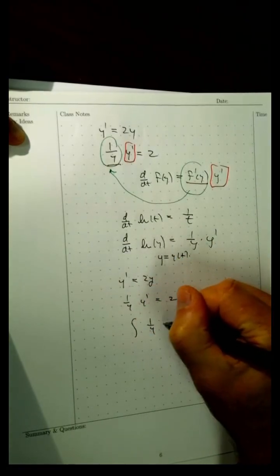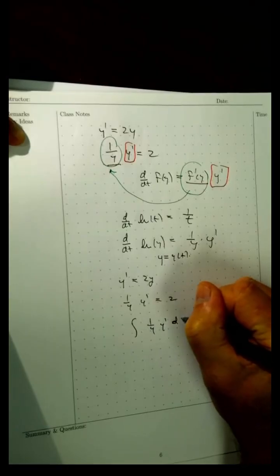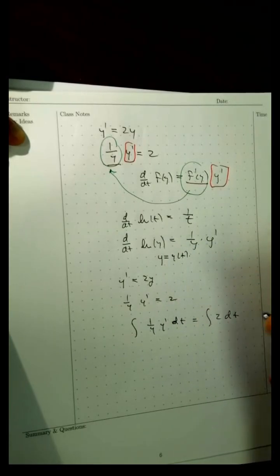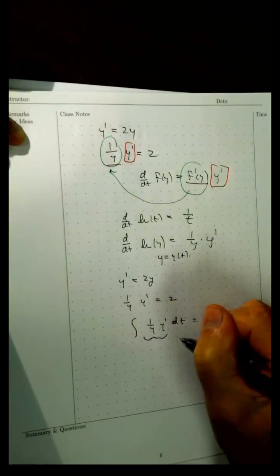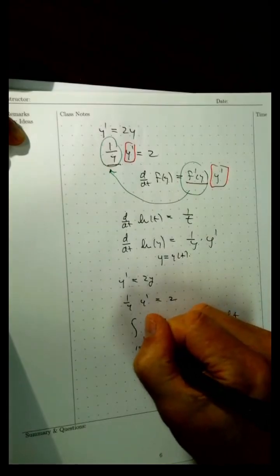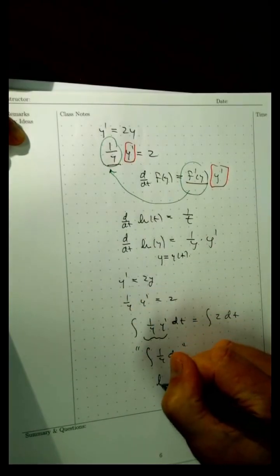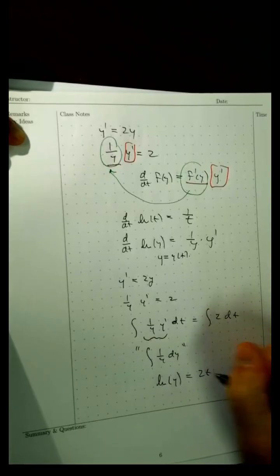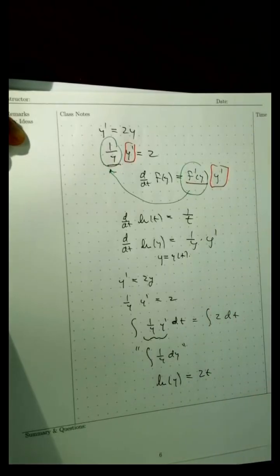I can take an antiderivative of both sides. Oops, antiderivative with respect to t. This thing is like looking at 1 over y dy. And so that's just going to be the log of y. And then the right-hand side is 2t, because it's the antiderivative of 2.